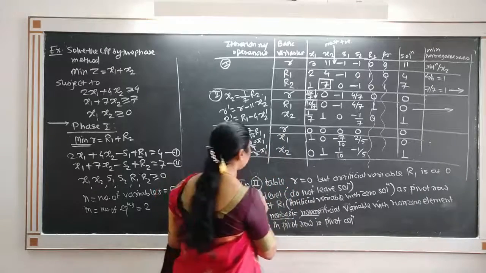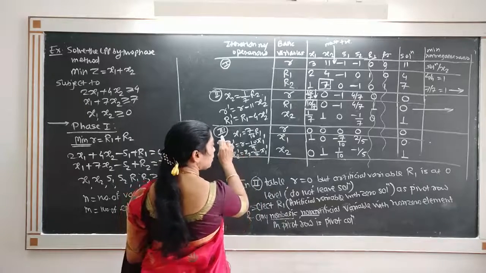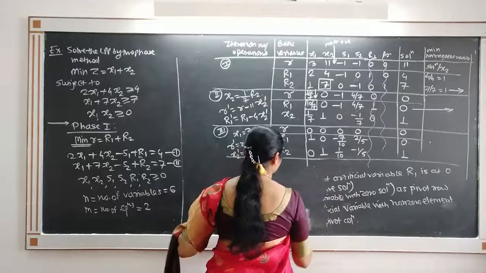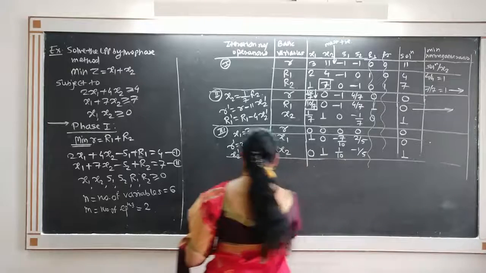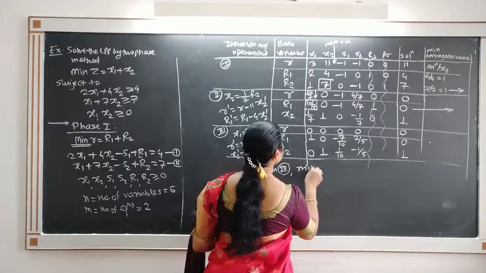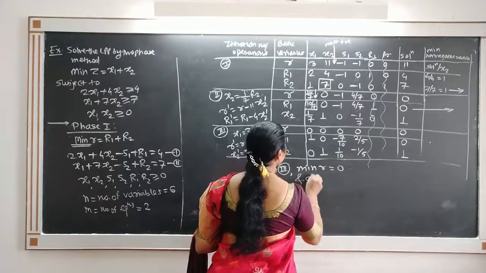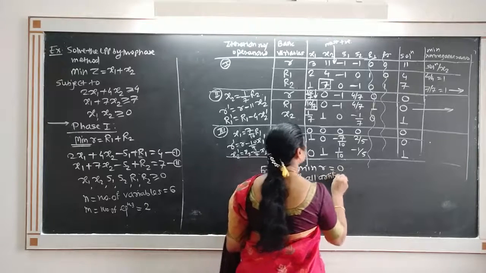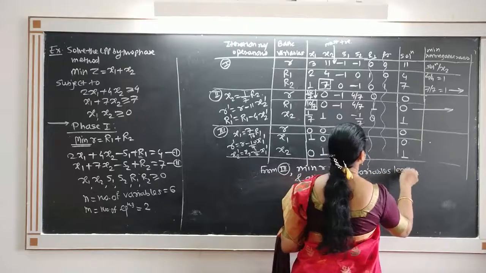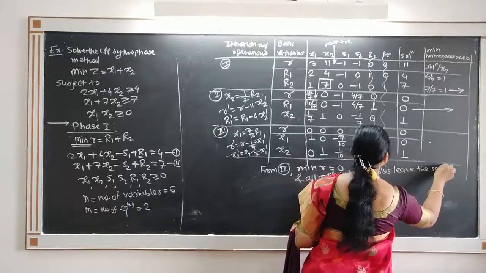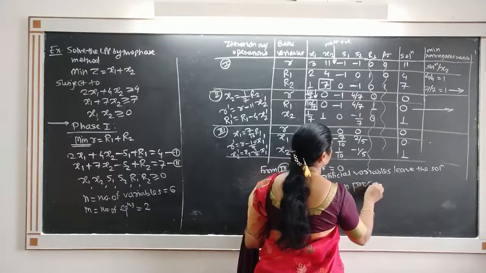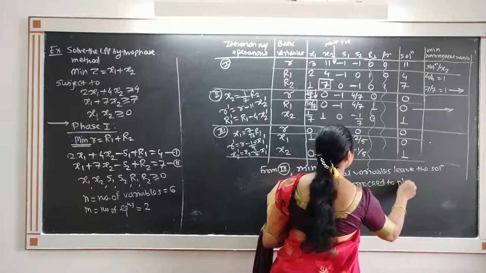So from the third table, the minimum R is 0 and all artificial variables leave the solution, which implies that we can proceed to phase 2. What is phase 2?